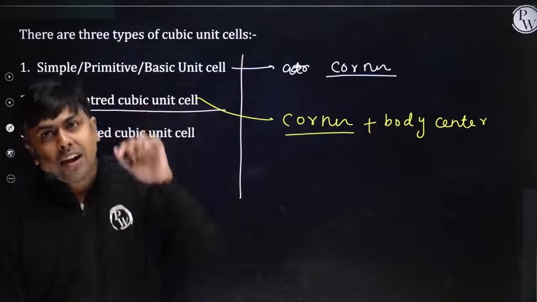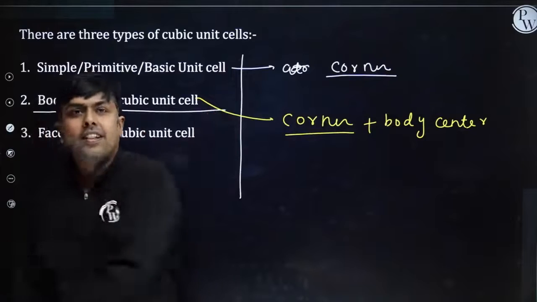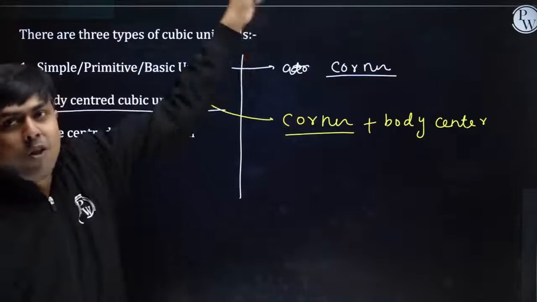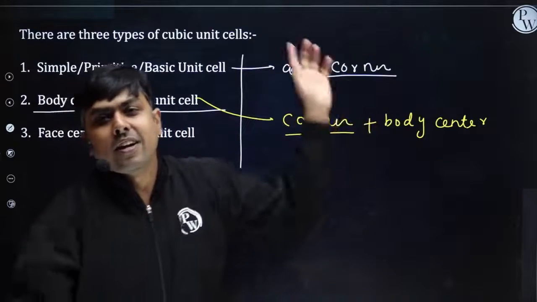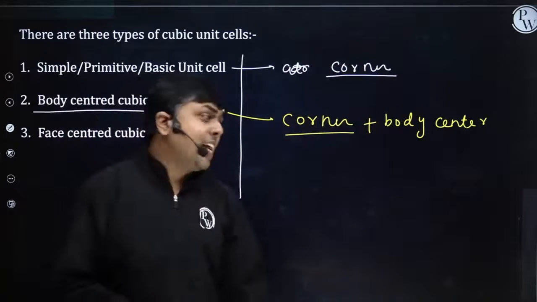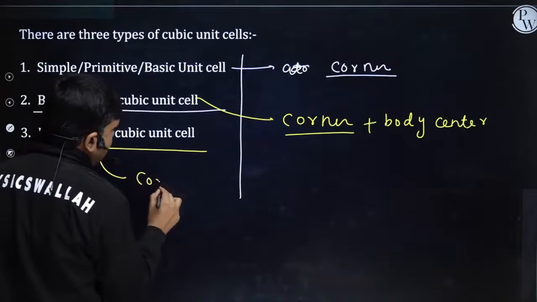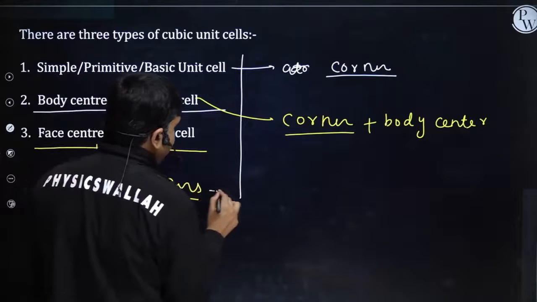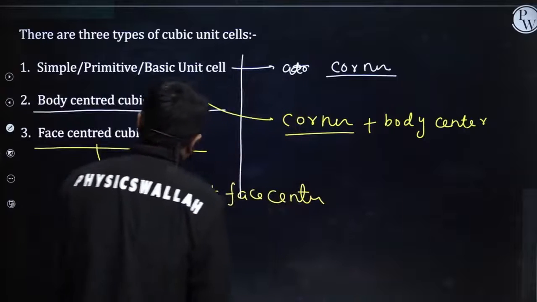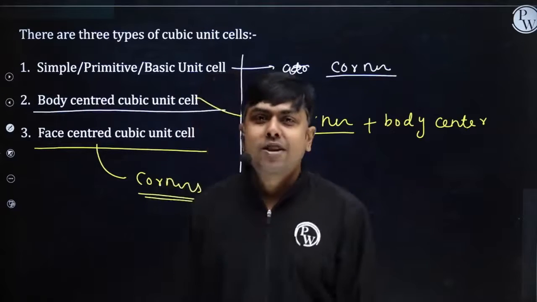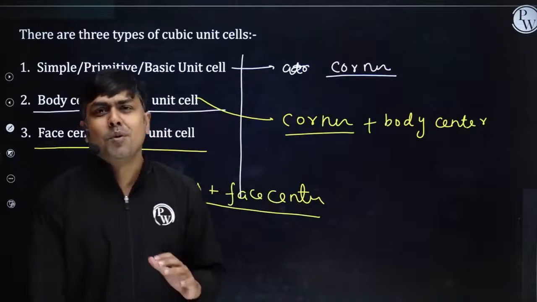So along this body diagonal, the corner atom, the body center atom, and the other corner atom touch each other. Next one, face-centered. Atoms are placed at corners plus face centers, in such a way that the corner atom touches the adjoining face center atom. Am I clear, students? Let's move ahead.